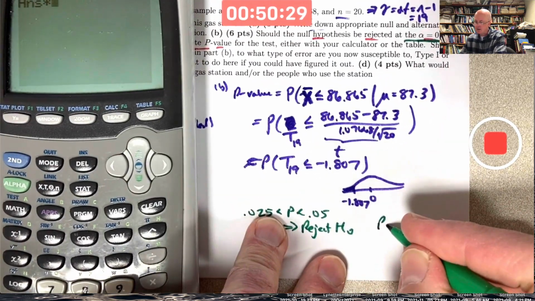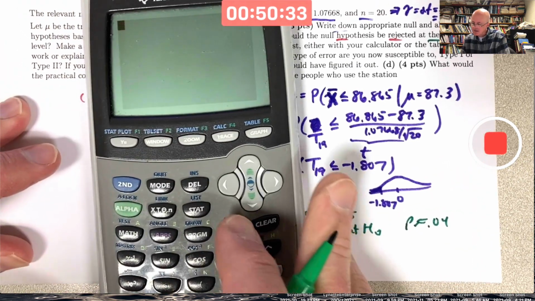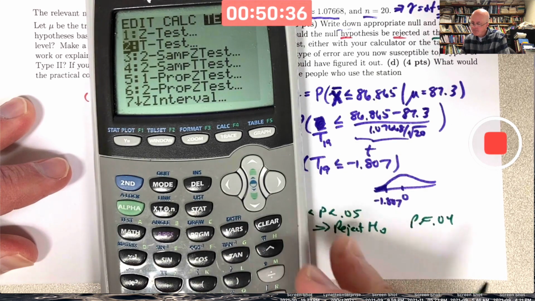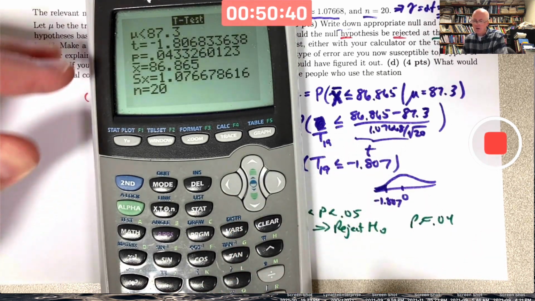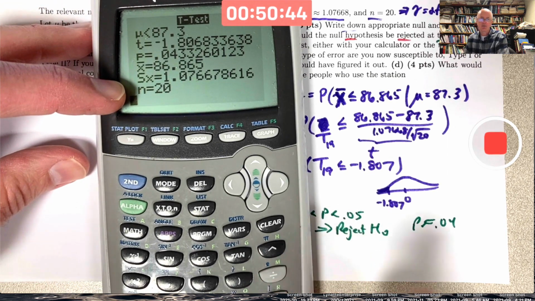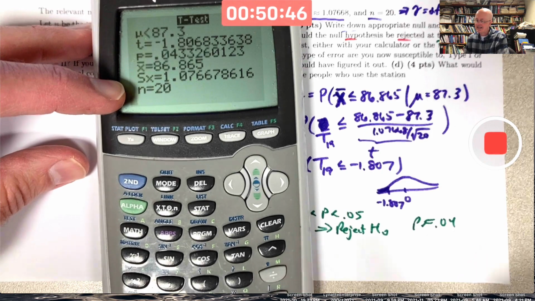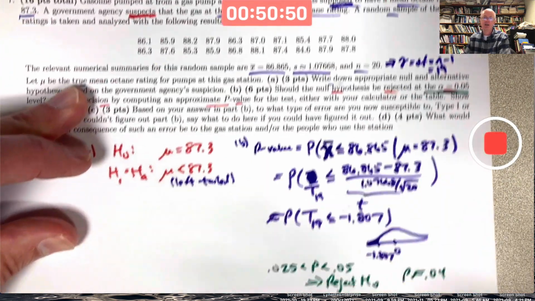P is close to 0.04. There's x bar, there's s, there's n. Degrees of freedom is not written here, but it's 19. 0.04, less than alpha, reject the null.